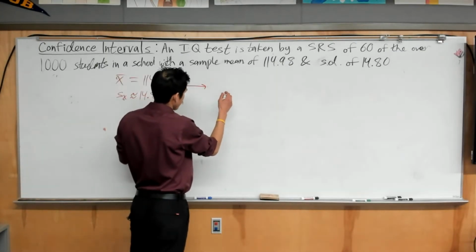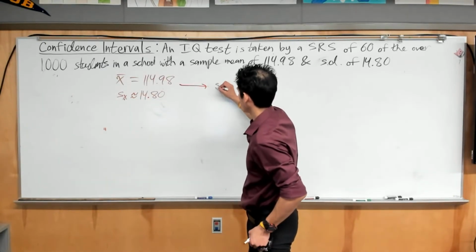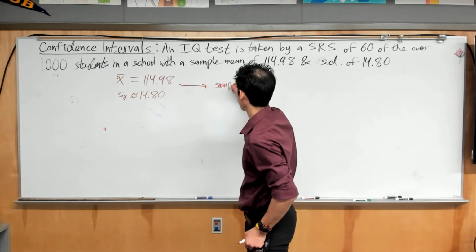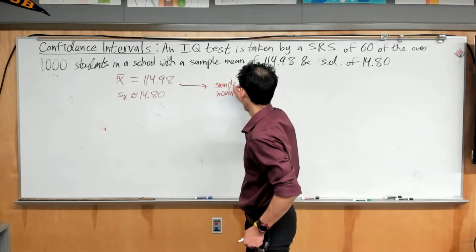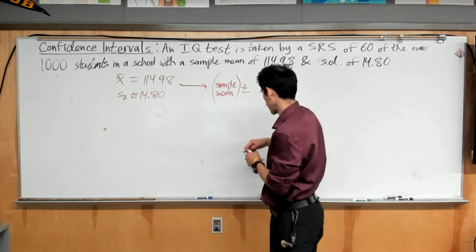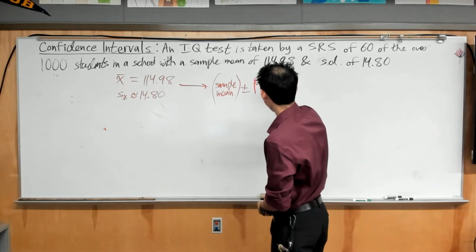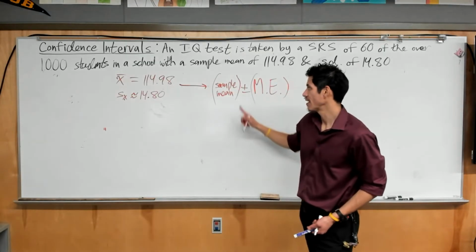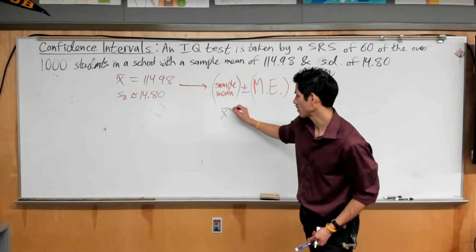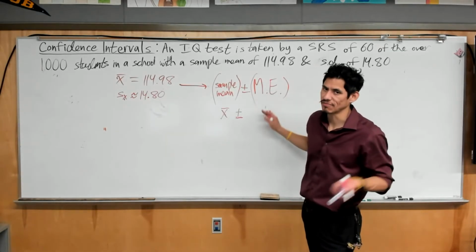So we have the sample mean, or point estimate, plus minus our margin of error, just like before. Now our sample mean is X bar, because we're talking about means from a sample.